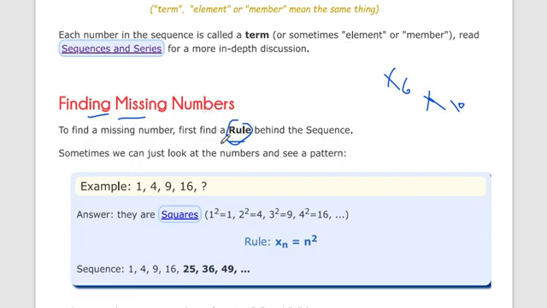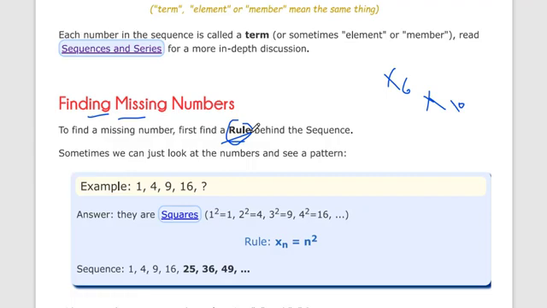So first of all we have to find the rule of the sequence. To find the rule, we have to see the pattern, how the sequence has been made. It is addition, multiplication, division, or subtraction. We have to find out the pattern in the sequence.